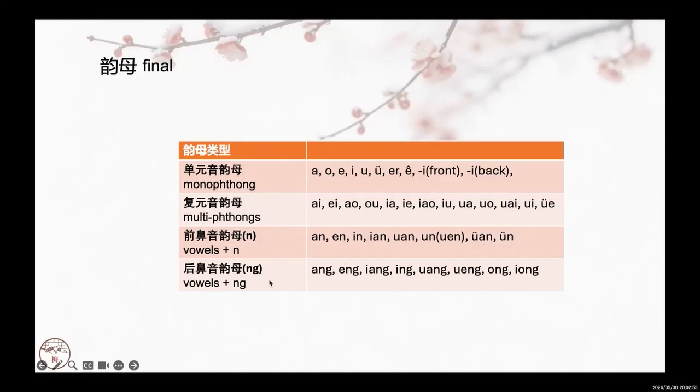The fourth tab, vowels plus another consonant, ng. Remember, for this consonant, the sound comes from the back of your tongue, from the back of your mouth, and through the nose to come out.